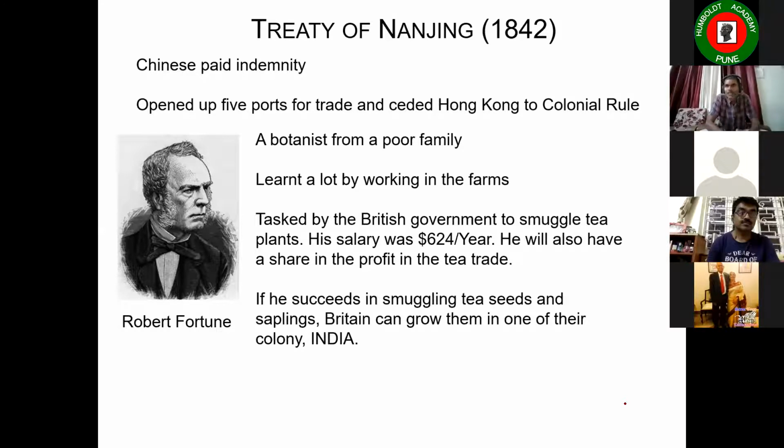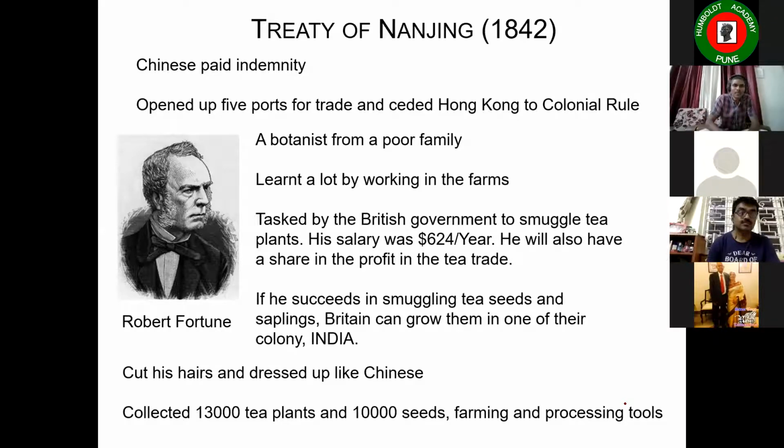At that time, his salary was around $600 a year. It was a good deal, and he would have a share in the tea trade. If he succeeded, the tea plants and seedlings would be grown in India because the weather is conducive to growing them. So India, unfortunately, became part of this immoral activity, in my opinion.